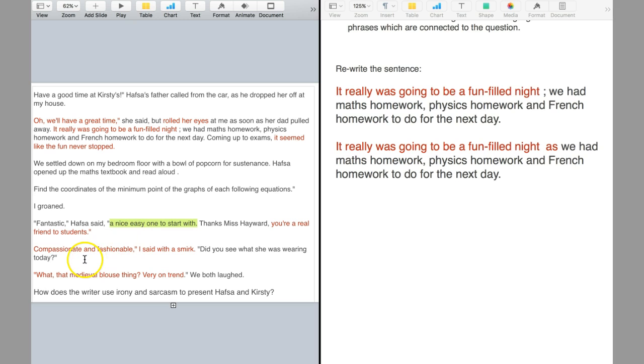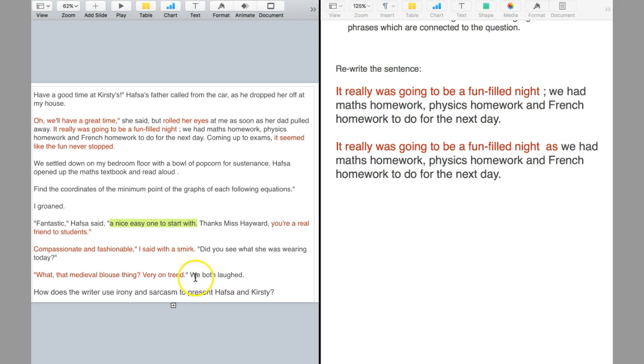Next one: "Compassionate and fashionable," I said with a smirk. "Did you see what she was wearing today?" They are talking about that teacher. "What? The medieval blouse thing?" "Very on trend." We both laughed. Here, the "very on trend" and that medieval blouse thing, they are teasing the teacher.